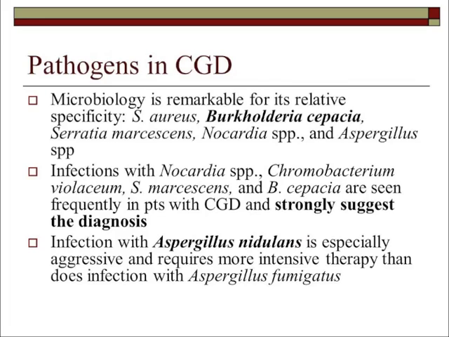Serratia, Nocardia, and then Chromobacterium, and like I said, Burkholderia. If you see these frequently in patients, then it strongly suggests the diagnosis of CGD. And if they throw you an Aspergillus nidulans pneumonia, that's also strongly associated with CGD. In these patients, it presents much more aggressively and needs more intensive treatment than Aspergillus fumigatus.